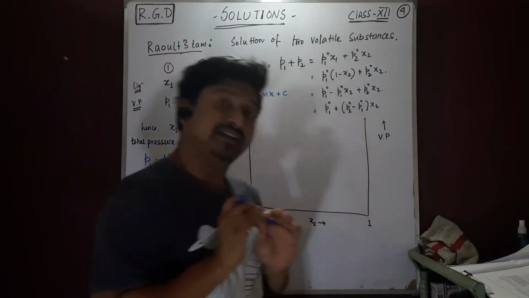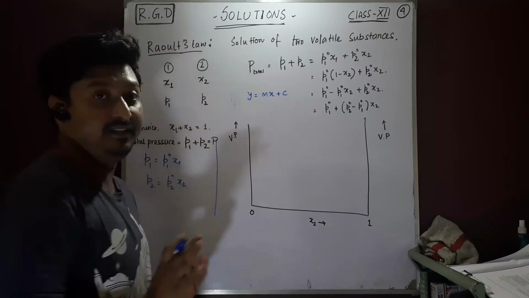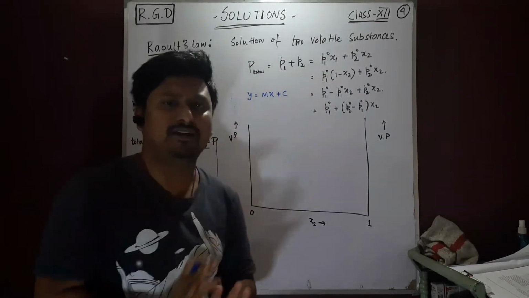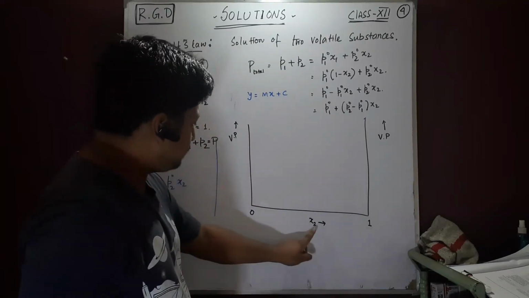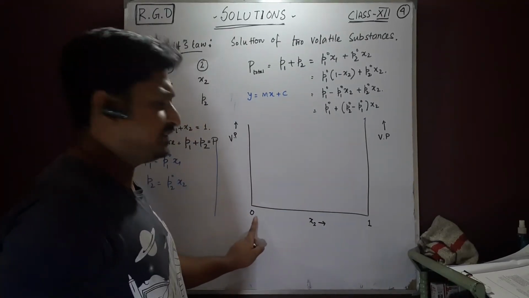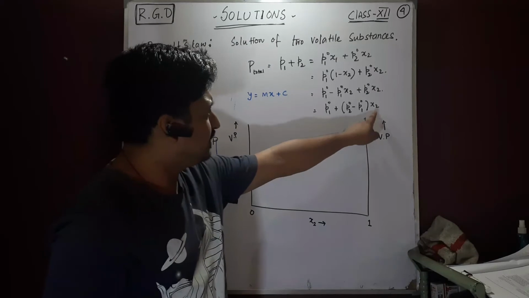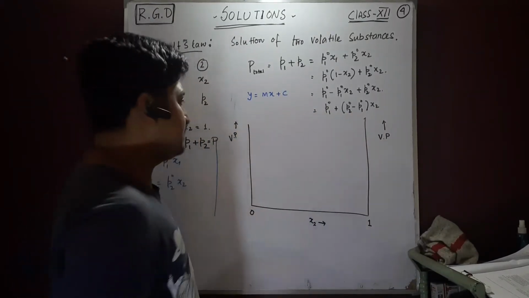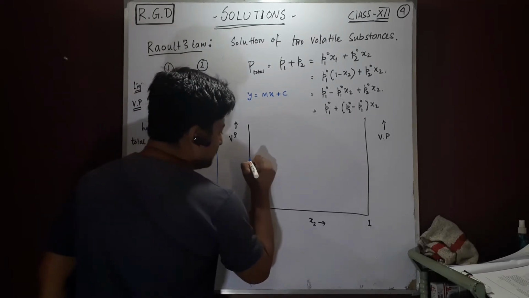Just logically think. I will just put the value. If I put x2 is equal to 0 here, so this part is 0, so your P total will be equal to P1 star. Let's say my P1 star is here.